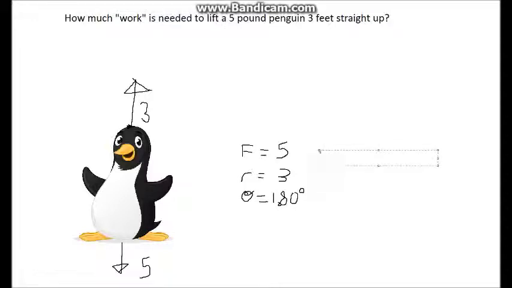Then we put it into the formula, and we get W equals the absolute value of 5 times the absolute value of 3 cosine 180. And if you calculate that, you get 15 foot-pounds.